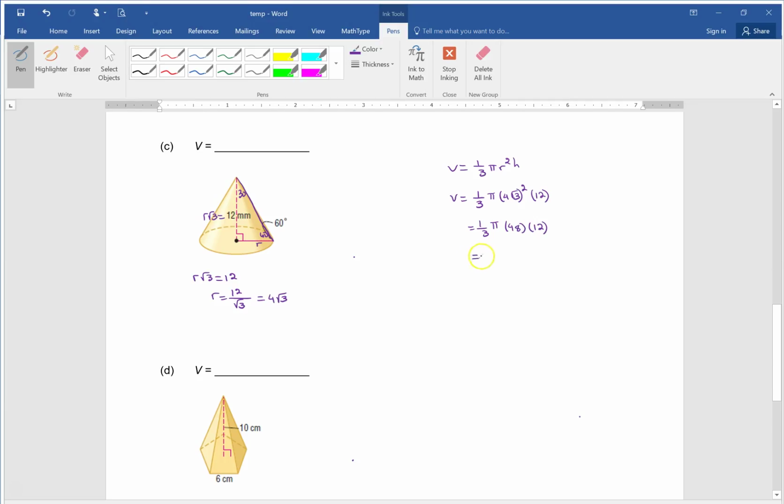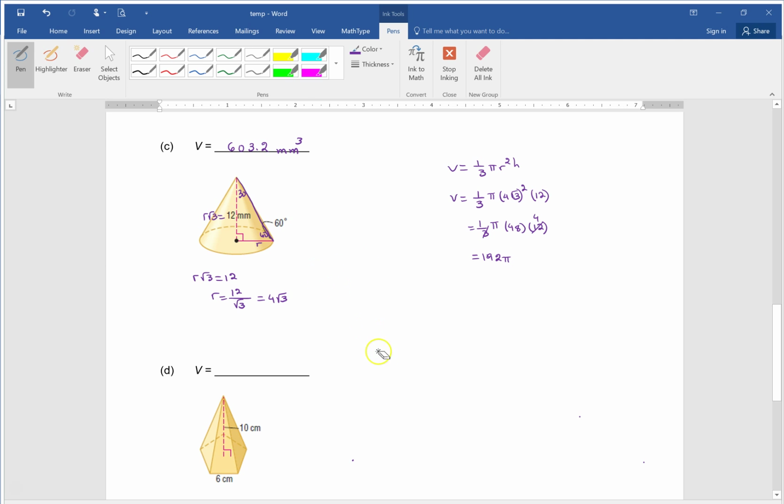So this is 192 pi, which is how much? All of it together is 192 pi, so it's 603.2 millimeters cubed. Okay? Because this and this give you 4. 4 times 48 is 192.